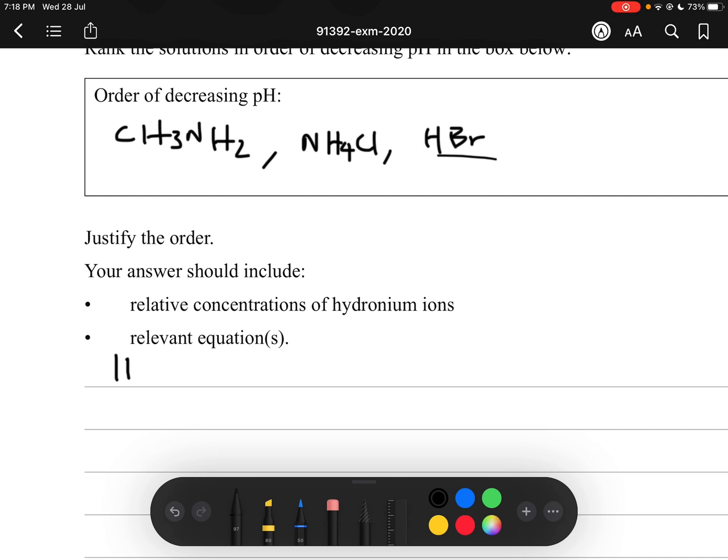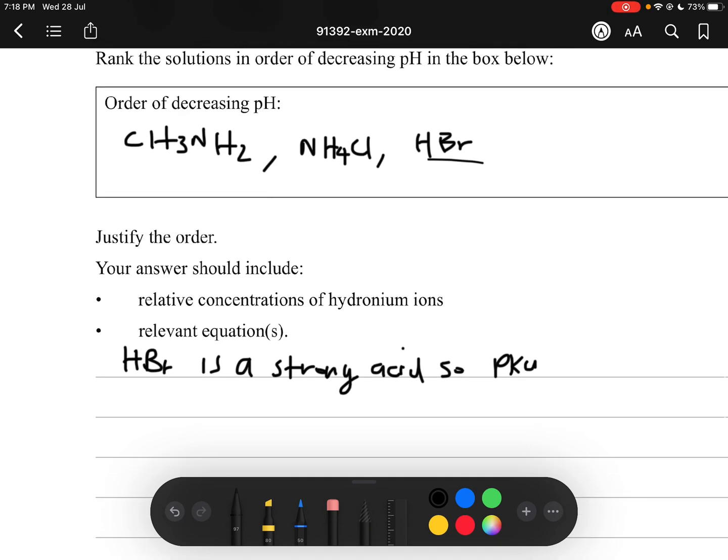We can say that HBr is a strong acid, so pKa is very high, so pKa large.